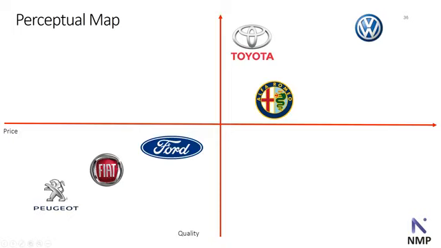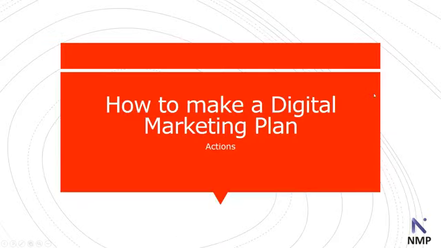Then you have Ford, Fiat, Peugeot. You can use other brands as well, depending on your market. So if you do a perceptual mapping for China, you might have other models from China. Or if you want to target a market with electric cars, you're going to include Tesla as well, if an electric car is your product to sell.